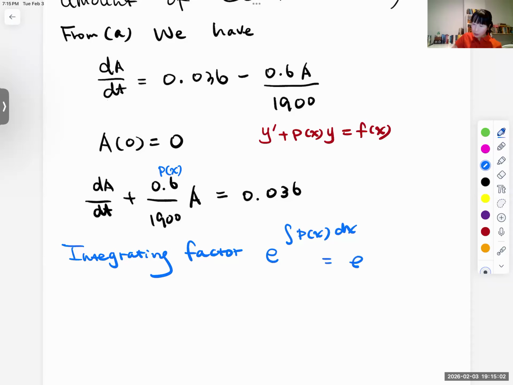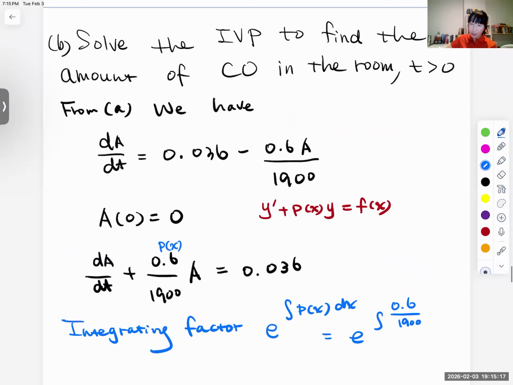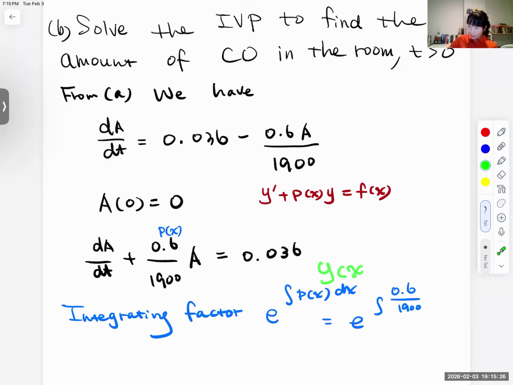So there will be e to the, in that case, 0.6 over 1900. We want to express in terms of t because they say so, right? A over t, instead of y over x. We are using A over t. Clear? All right, so we are using dt.